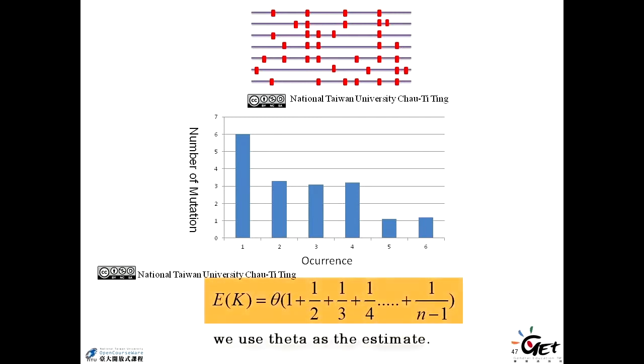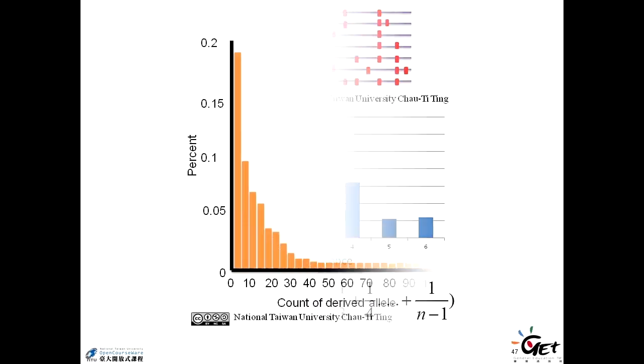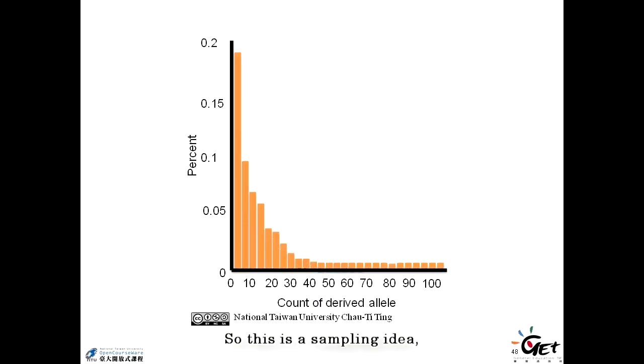We use theta as the estimate. So that's the theta here. And there is a parameter, which is 1 plus a half plus a third and a fourth, up to 1 over the number of samples minus 1. So this is a sampling idea.